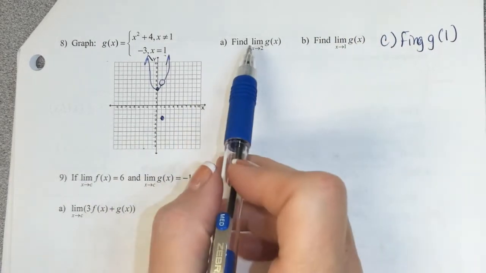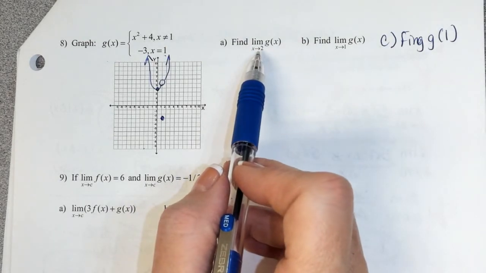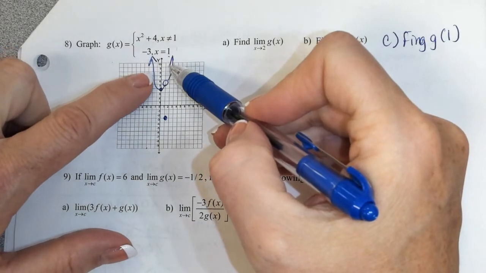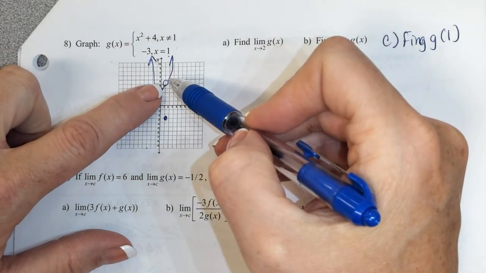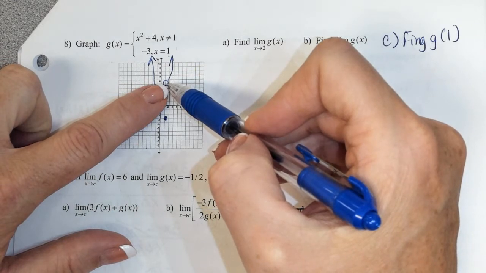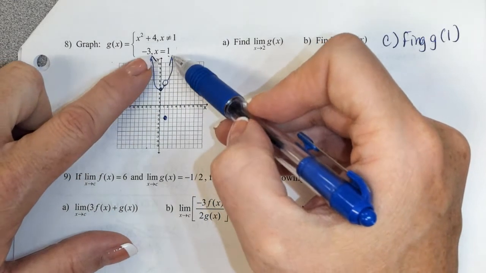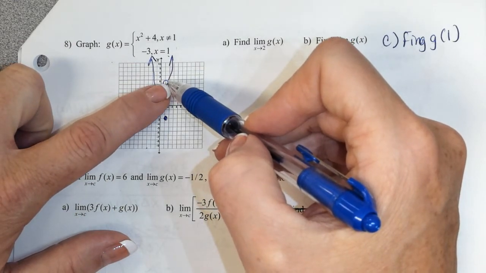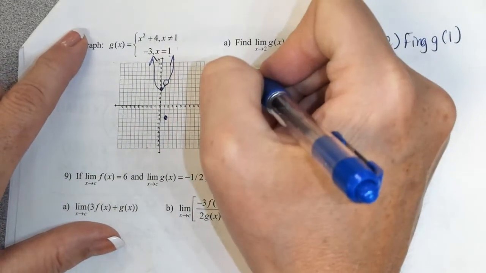Okay, so find the limit as x approaches 2. That means that we're traveling along this parabola, we're getting closer and closer to an x value of 2, and what's the y value we're approaching? What do you think? As we get closer and closer to 2, what's the y value we're approaching? Michael? 5. So this answer is 5.